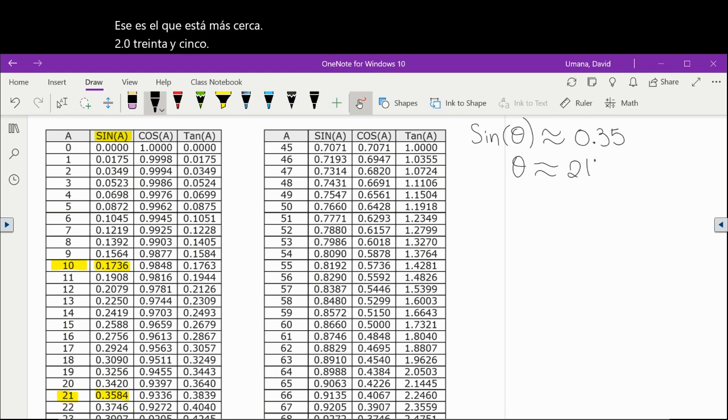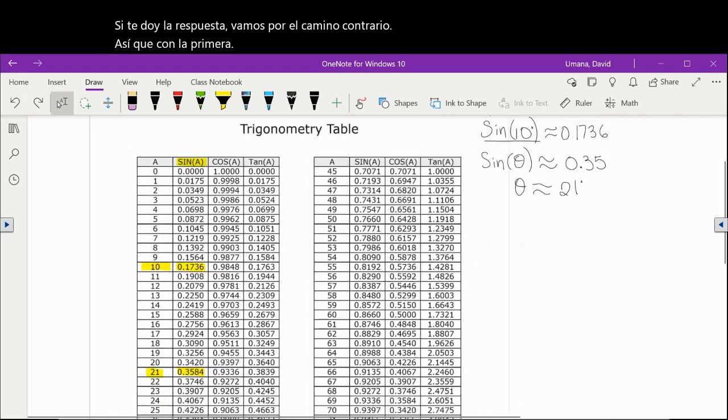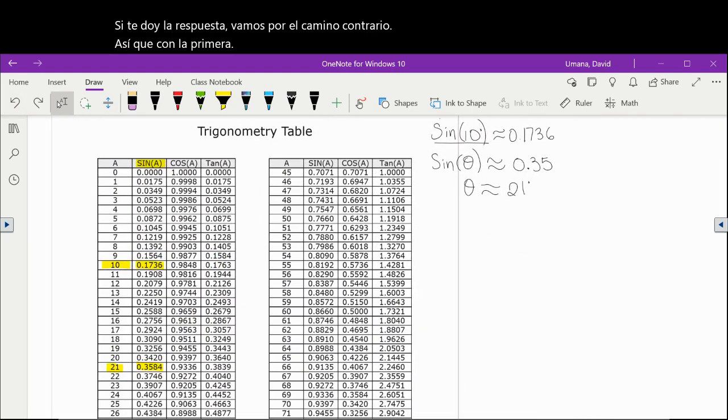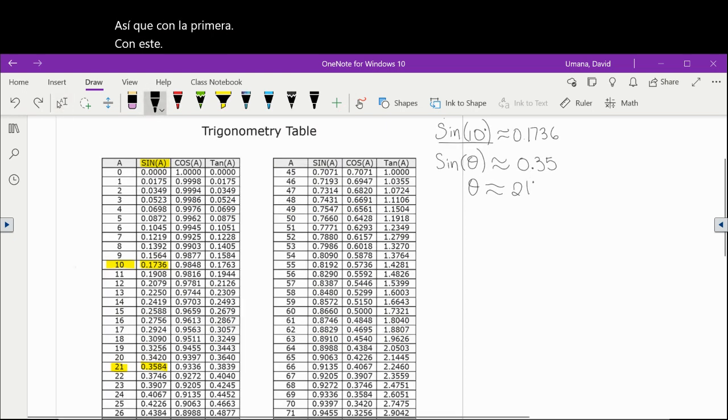Does that switch make sense? In other words, if I give you the number, we go this way. If I give you the answer, we go the opposite way. So with the first one, with this one, we went in this direction.